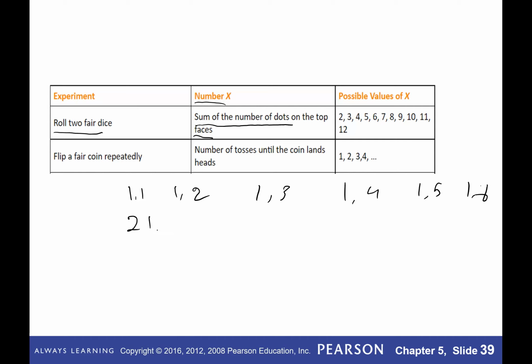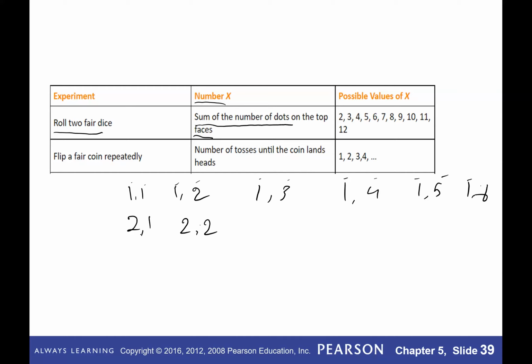Then similarly 2 1, 2 2, and so on. That's when the first one is 1, the second one is 1, then first 1 and second 2, and so on. So we'll have a total of 36 outcomes.